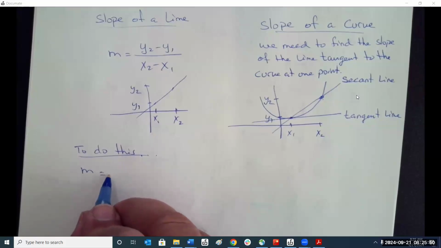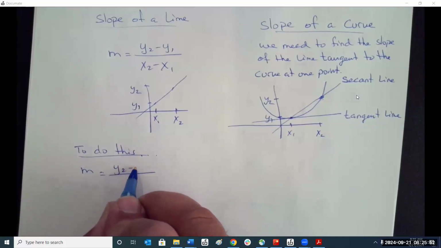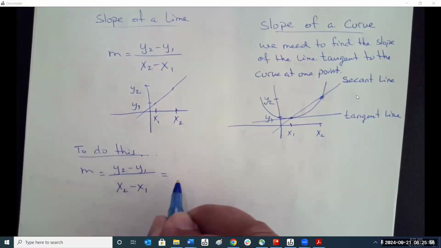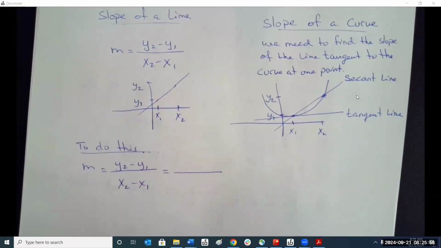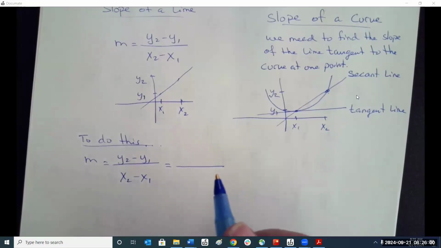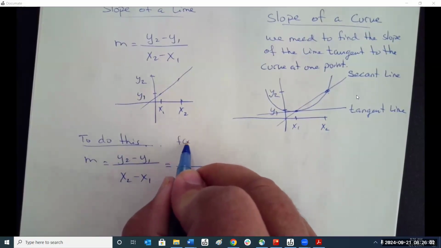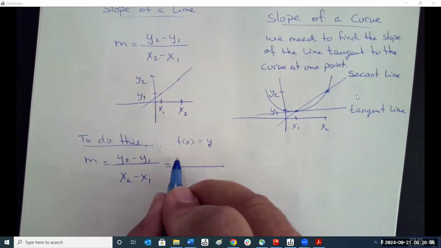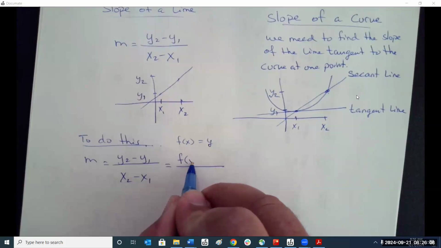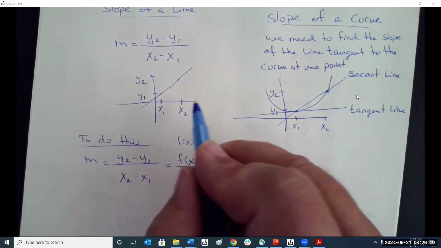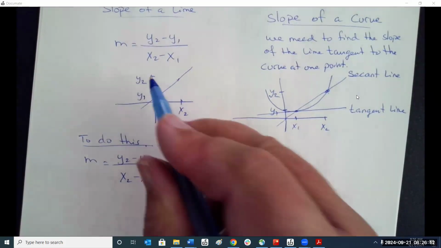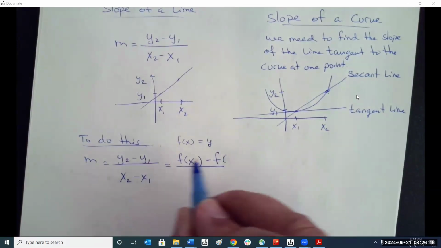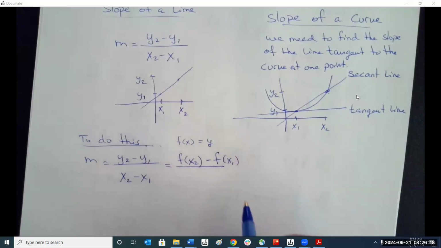We start off with our equation, y2 minus y1 over x2 minus x1. Remember that a function is the same thing as the y value. So y2 is the function at x2, because it's the x2 value that gives me the y2 value. And y1 is f of x1.